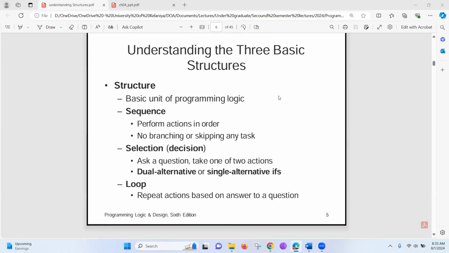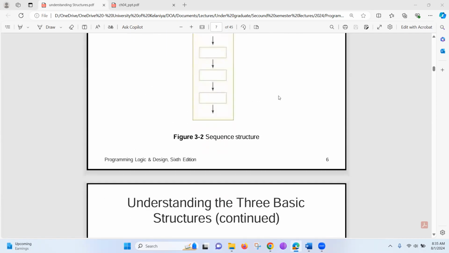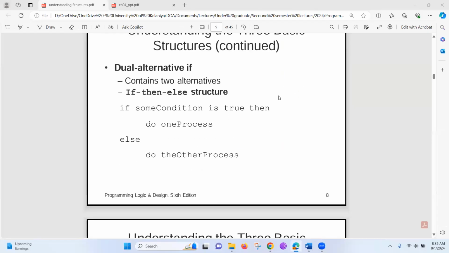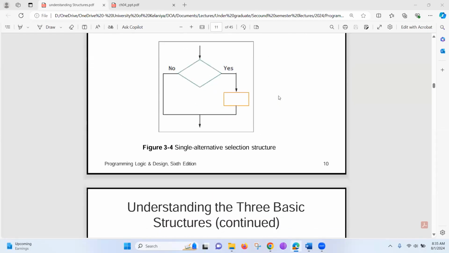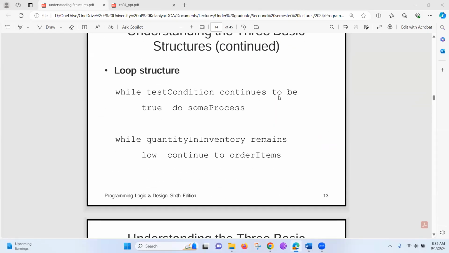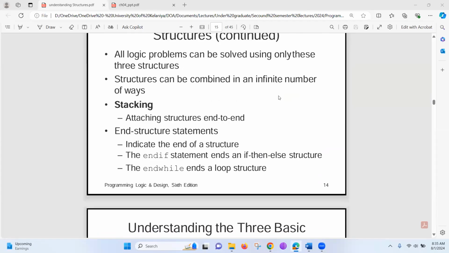Then we discussed the way we can develop those things. Very basically, we have three structures: sequential, selection, and looping, right? We discussed those things, and we discussed stacking, right? When you are going to make the order, or decide the levels and the blocks in your programming, you need to understand those are coming one over one, right?